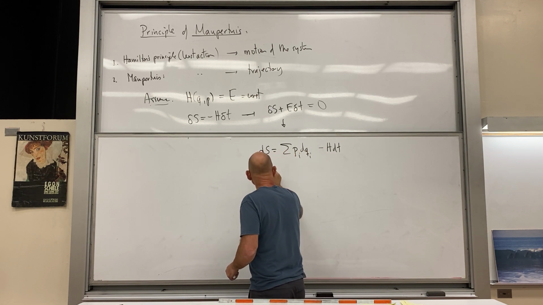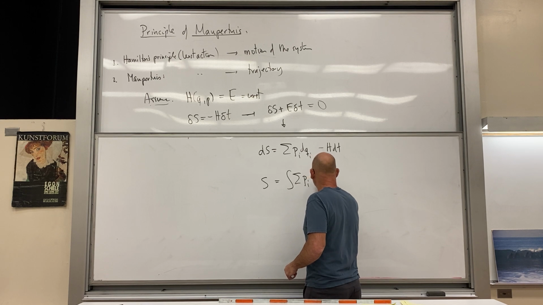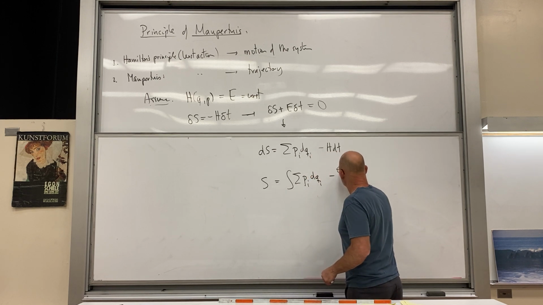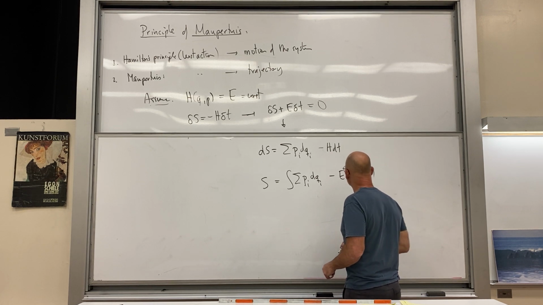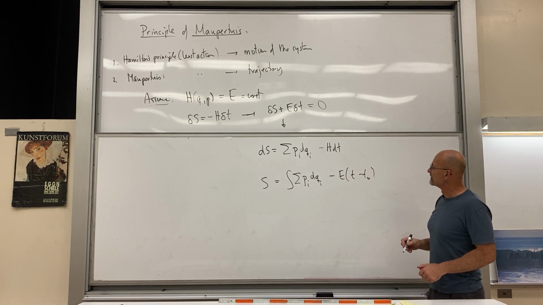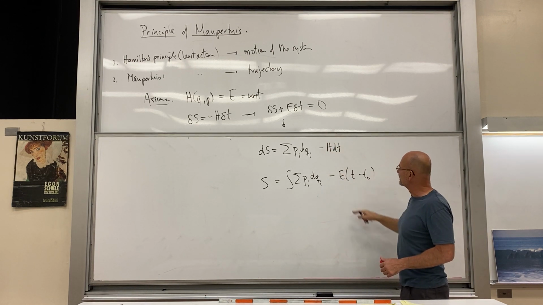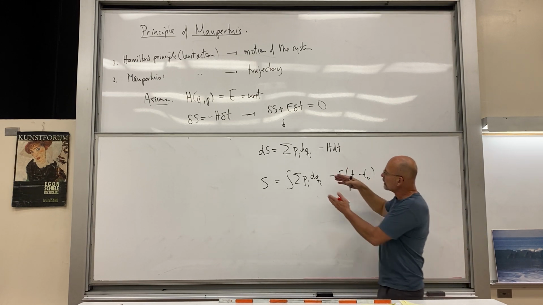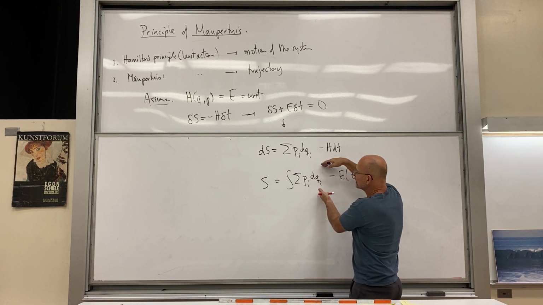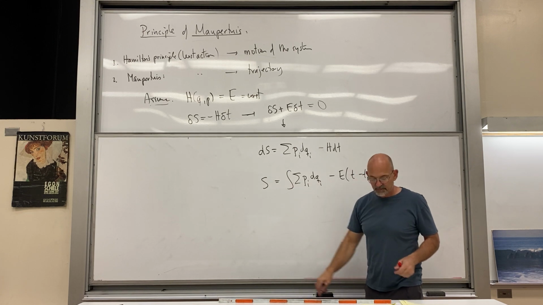So if we integrate this, we have the integral of the sum over p sub i dq sub i minus E (t minus t0). So imagine we're integrating this, but the H is equal to the E because it's constant, integrated over time. It's a constant times t minus t0. Here we're along the actual path of the mechanical system, and S is implicitly a function of the q's.